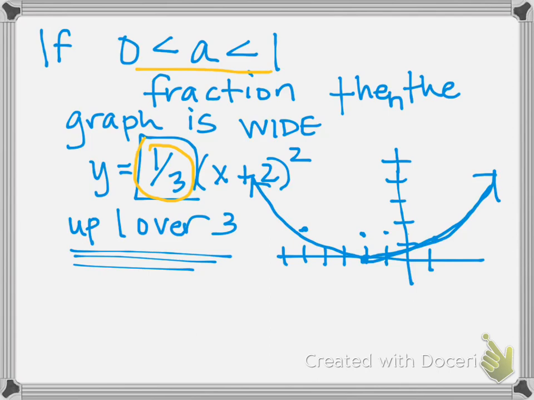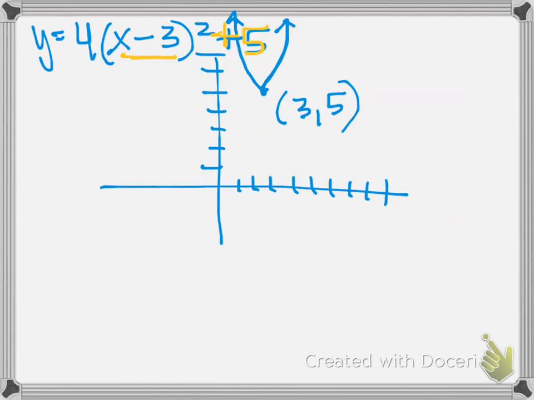From this vertex, you go up 1 over 3, up 1 over 3. This graph opens wide. Fractions make a graph open wide, or it's called a vertical shrink. The 4 in front was called a vertical stretch, like you stretch the graph up vertically.